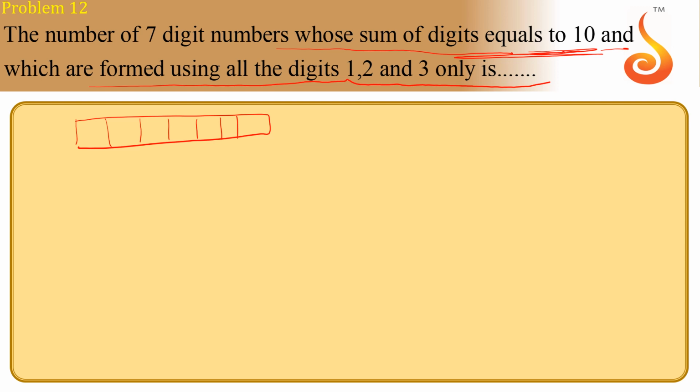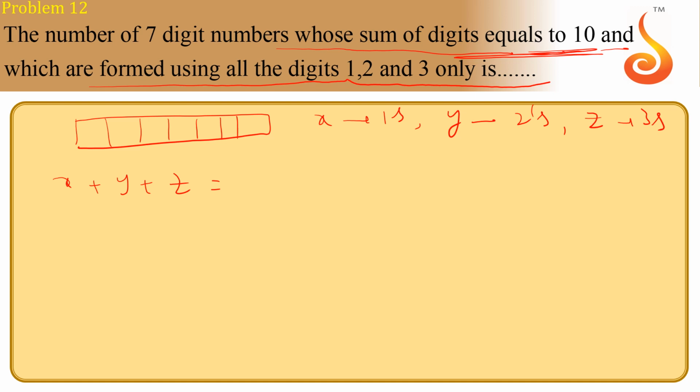So let us say I used x 1s, y 2s, z 3s. Means if I add this x plus y plus z, how many should be there?